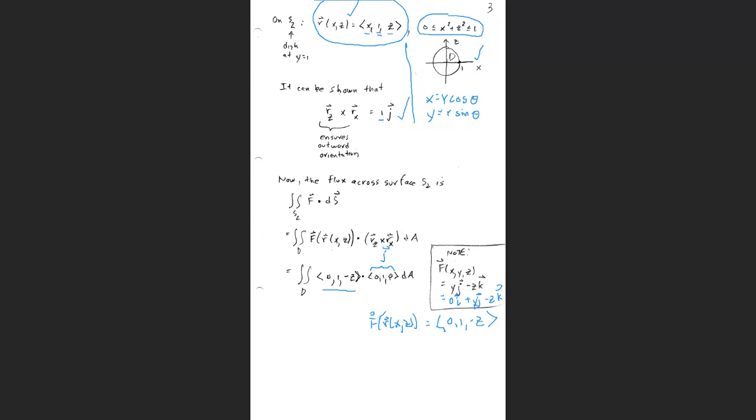Would the flow rate be positive or negative for this vector field across that second surface? If you think about the vector field here, the vectors are going up and down, depending on whether you're below the xy plane or above it.